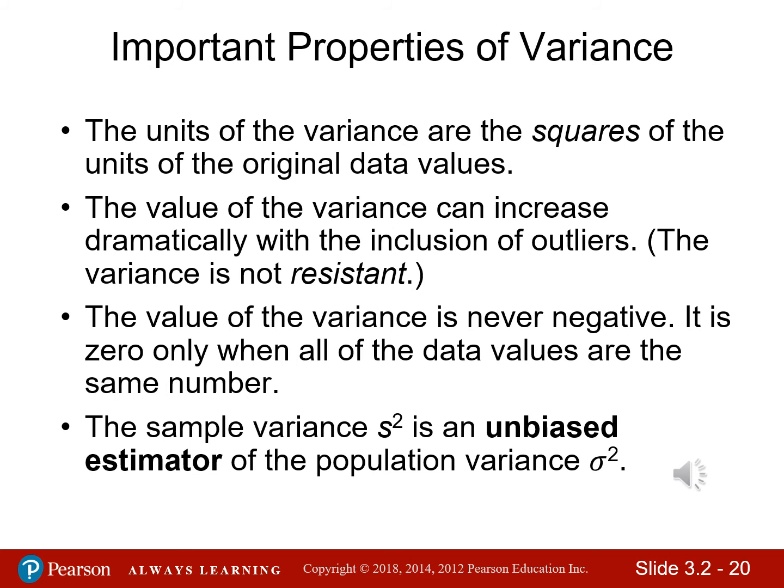It is 0 only when all of the data values are the same number. And the sample variance S squared is an unbiased estimator of the population variance sigma squared. We say that a statistic is unbiased if that statistic is neither an underestimator nor overestimator of a population parameter.